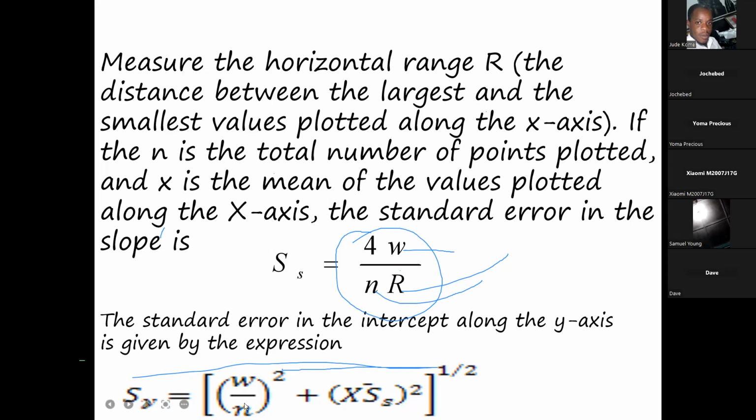Your N here means the number of points you plotted on the graph. Your X bar here means your mean on the x-axis. Your S subscript S here means your standard error in the slope. Then you take these values and you find the square root of it. That's how you calculate your standard error in the intercept.